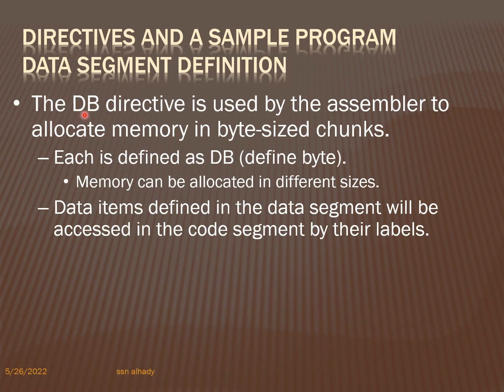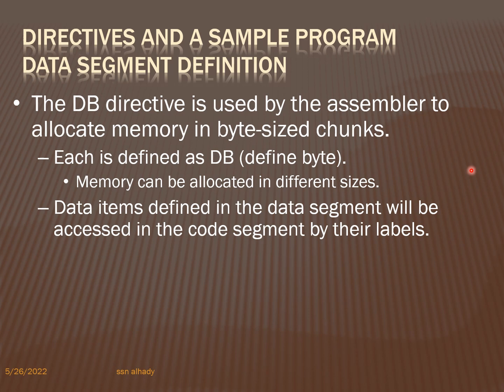The DB directive is used by the assembler to allocate memory in byte-size chunks. Each is defined as DB, define bytes. Memory can be allocated in different sizes. Data items defined in the data segment will be accessed in the code segment by their labels.